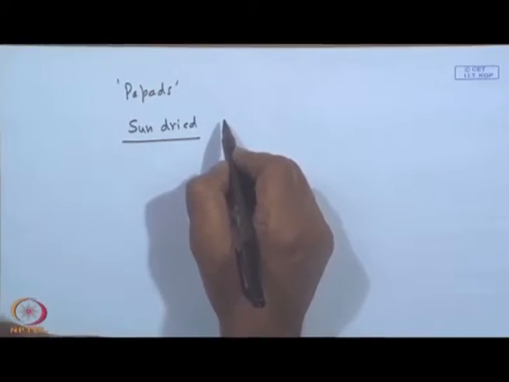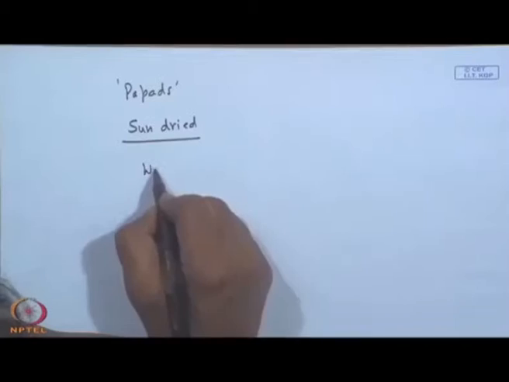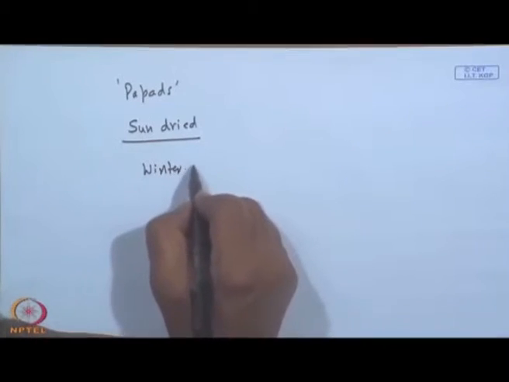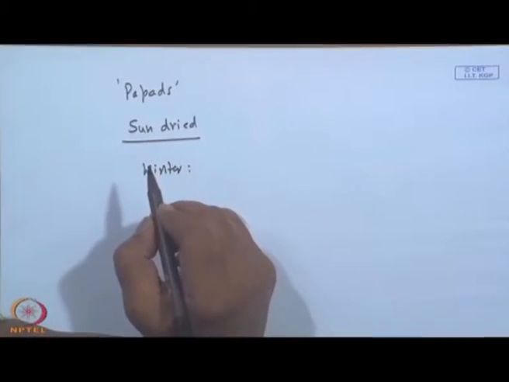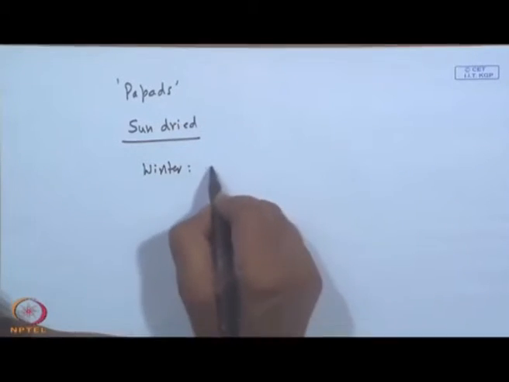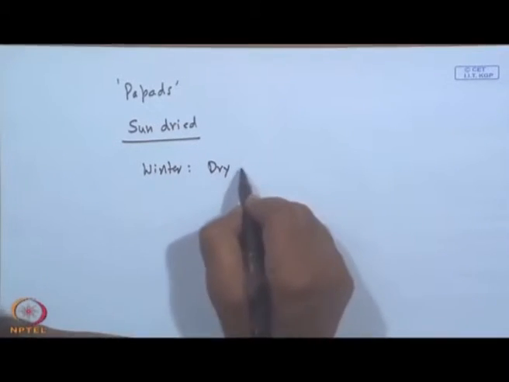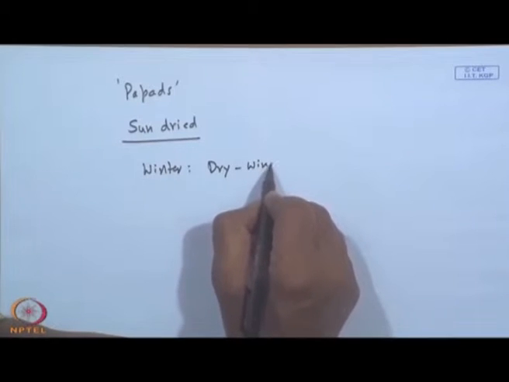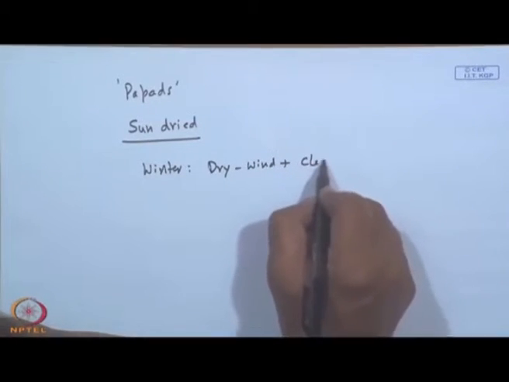Whether or not solar energy technology as a course was studied by the elderly people, this is always used for sun drying purposes. And the season generally in the southern part of India is winter, not because the sun is so high or anything like it, it is the dry wind plus clear sky.